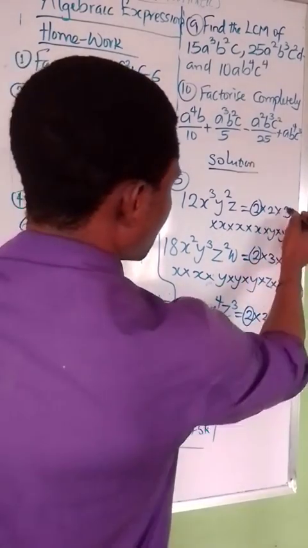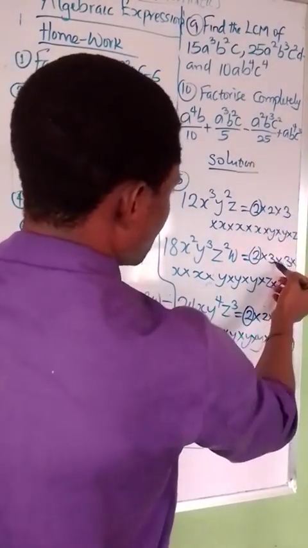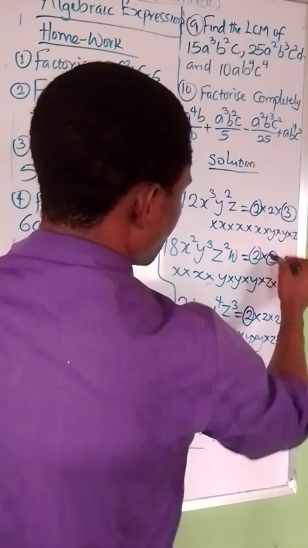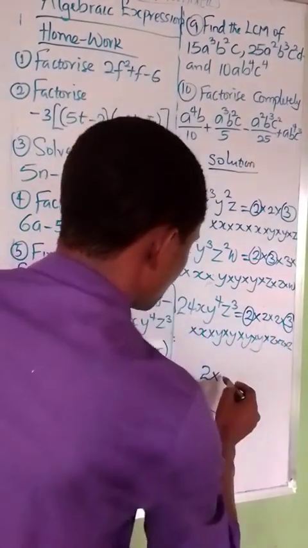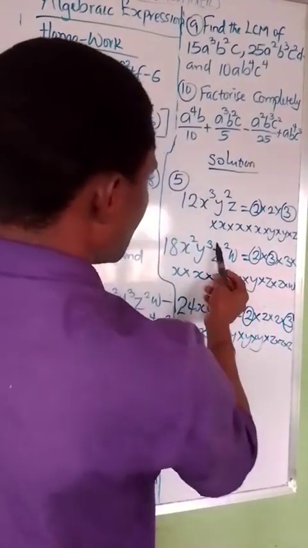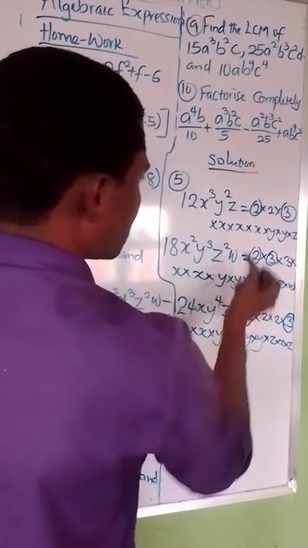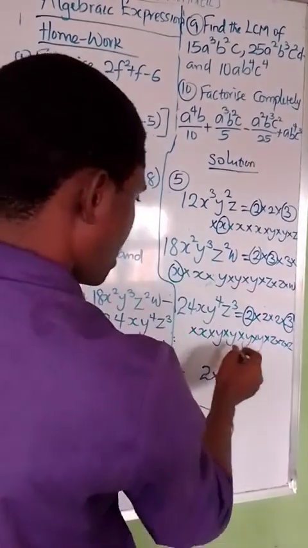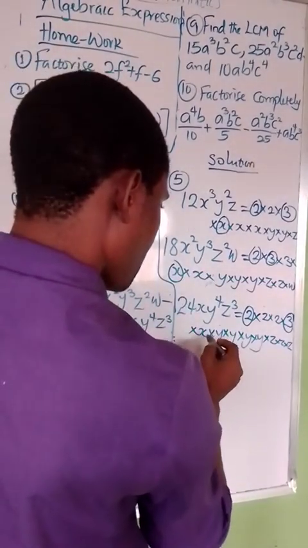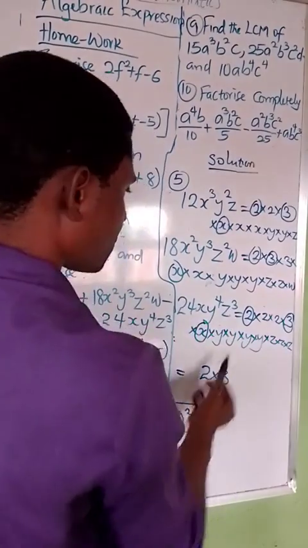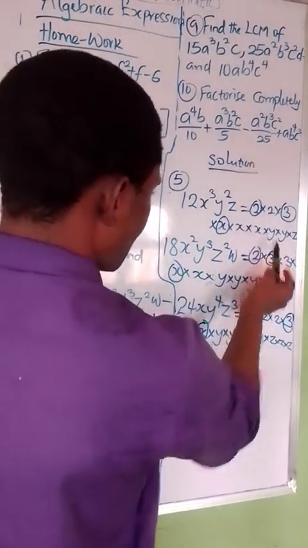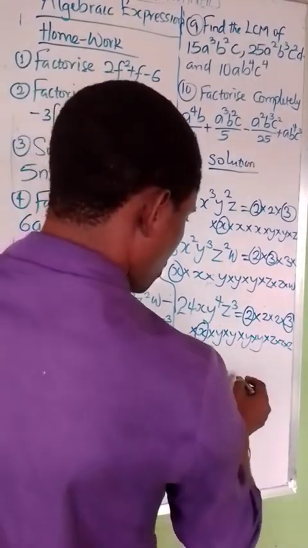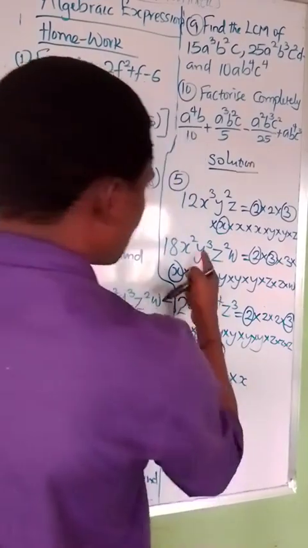Let's check 3. There is 3 here, so we pick 3. Then if you look at x, there's x here, here and here, and no more x, so we can only pick one x.